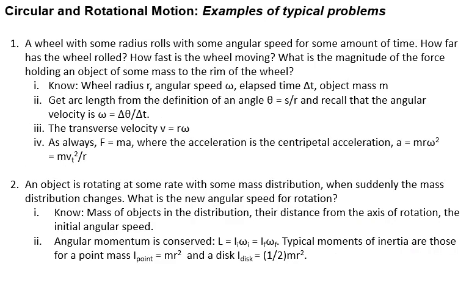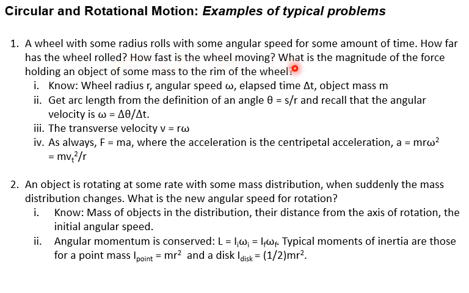So what are some examples of typical problems? Let's say that you have a wheel and you know the radius of the wheel, you know the angular speed of the wheel, and let's say it rolls for some amount of time. And then the question is, okay, well, how far has this thing rolled, linearly? How fast was that wheel moving?